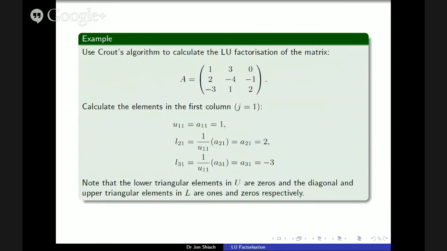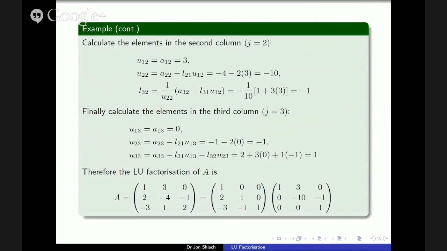So that's 1 over U11 times A21. U11 was 1, so we just get A21, which is 2. Similar for A31, which is minus 3. Lower triangular elements of U are zeros, and upper triangular elements of L are ones and zeros. That's the first column done.